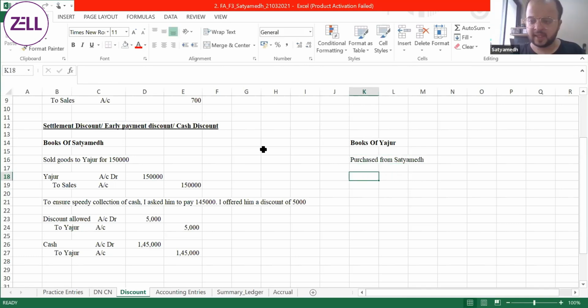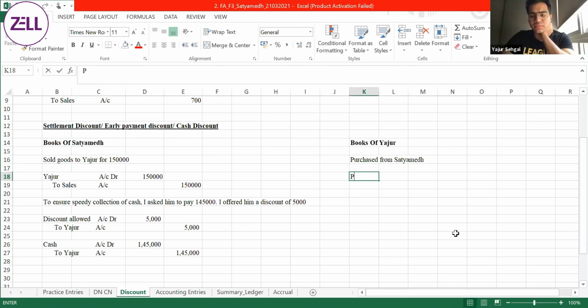Purchase from Satyamet करेंगे, right? Yajur, tell me what will be the accounting entry? Purchase to Satyamet. Very good.